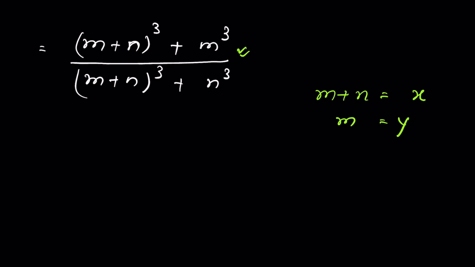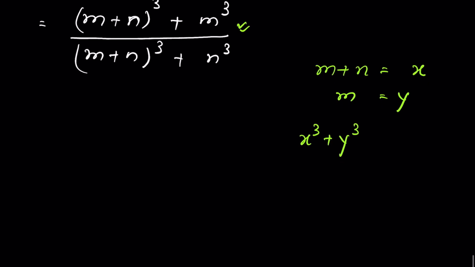Then it is in the form of x cube plus y cube, and this we can expand as x plus y times x square minus xy plus y square.